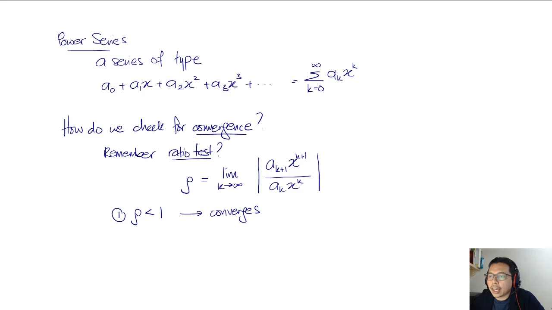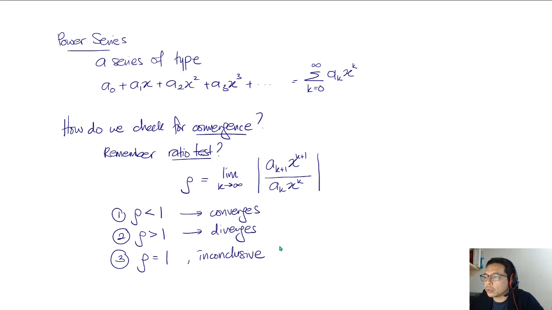If we have rho more than 1, or tends to infinity for example, then the series diverges. And if we have rho equal to 1, then we cannot conclude anything from here, so we call this inconclusive. So what do we do next? Maybe we have to try some other test.